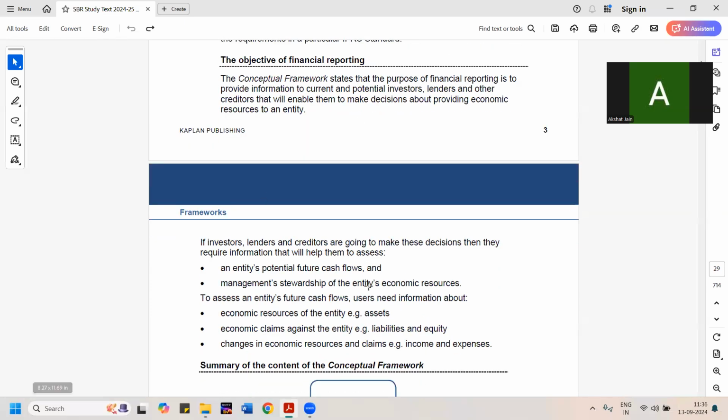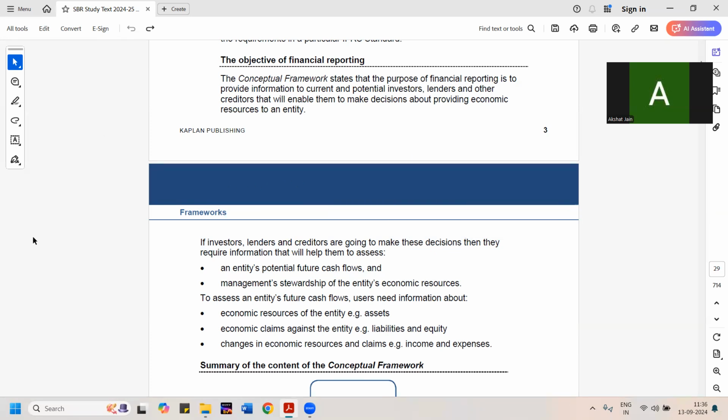So where were we? The management stewardship of the entity's economic resources, right? So basically, we see how well the management manages or utilizes the economic resources of the company, which may include equity, liabilities, and assets.